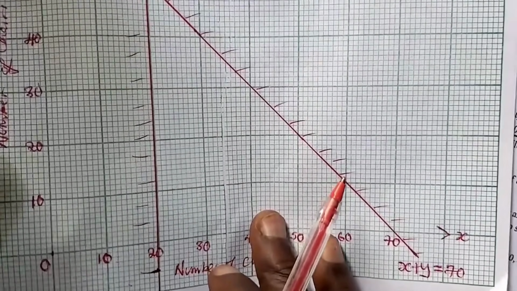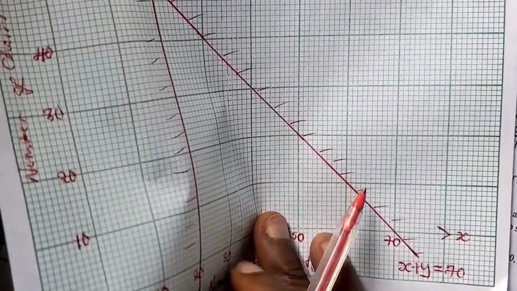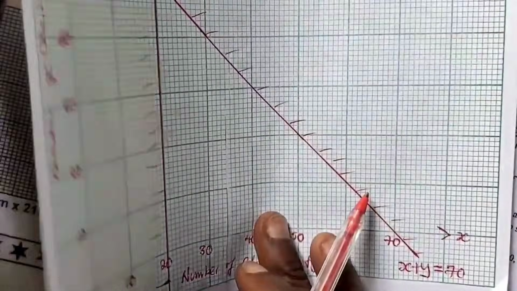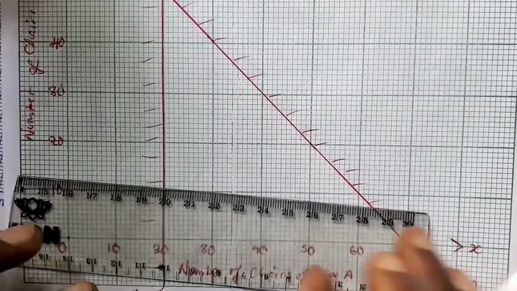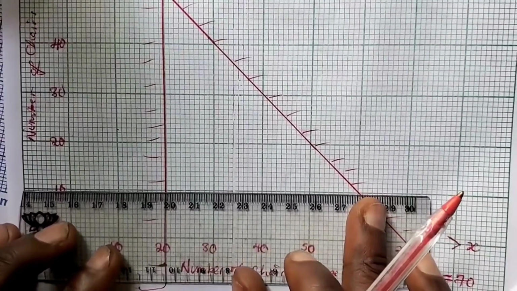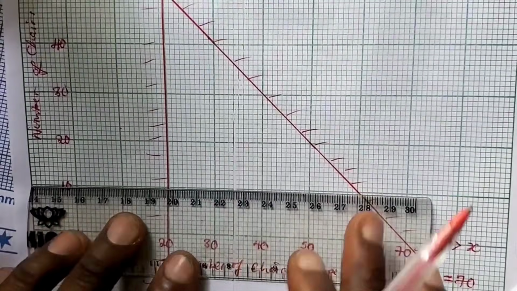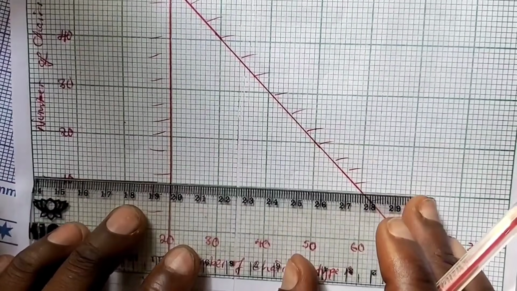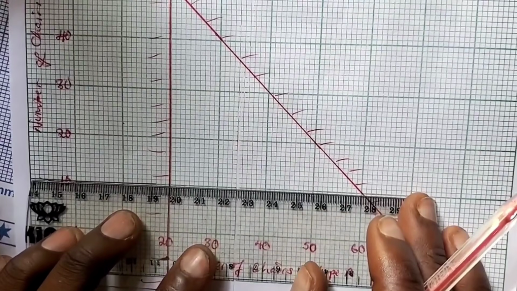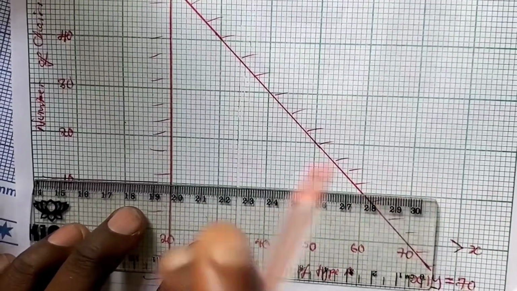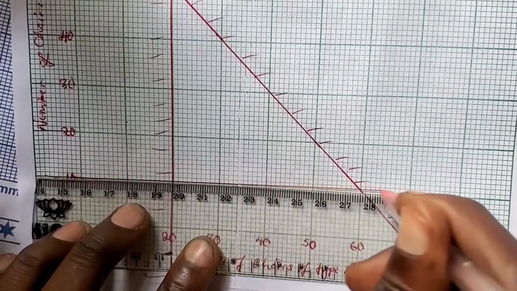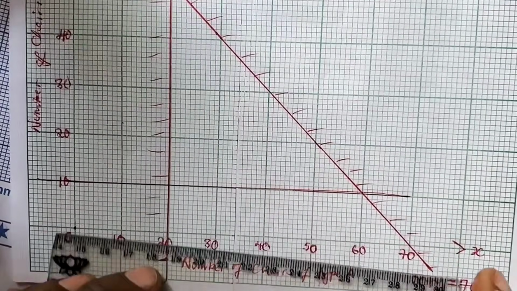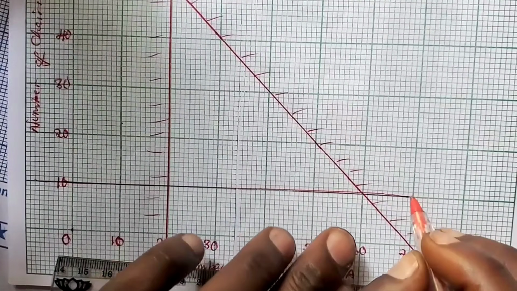So you can draw the line here at y equals 10 like this. It's a solid line as well because it is greater than or equal to. If it is just less than or greater than, it would be dashed.